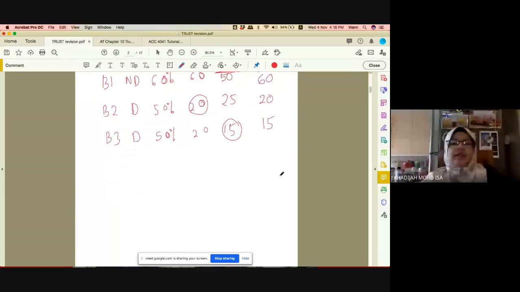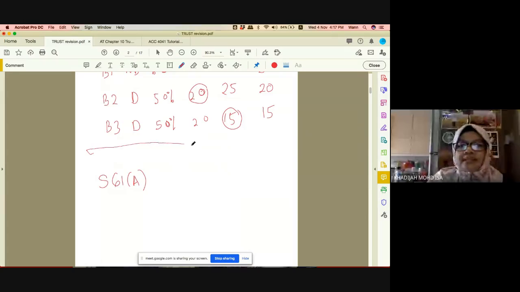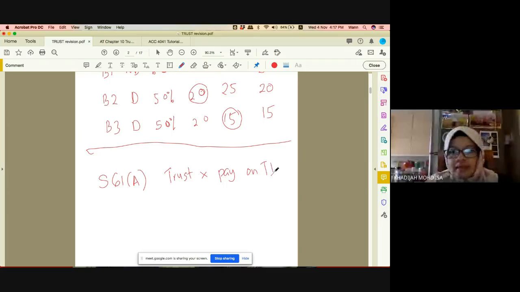Okay, now we talk about section 61A because question number 5 is on 61A. Under normal circumstances, your trust will pay tax on the total income. But 61A says that the trust will not pay tax on total income, but the beneficiary pays.